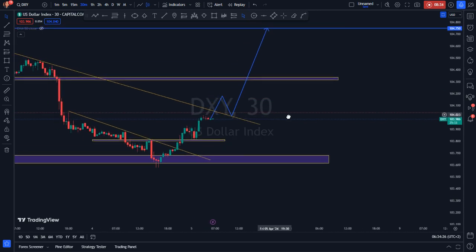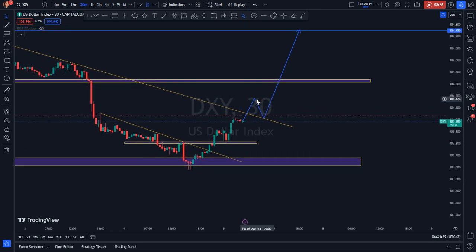So even in this case, it is still in the uptrend position. As you can see here, we're still in an uptrend position. So if the market does take this rejection here, if it does give us this retest, I feel like DXY is going to be pushing all the way to the upside.